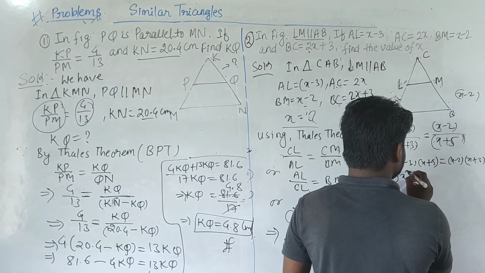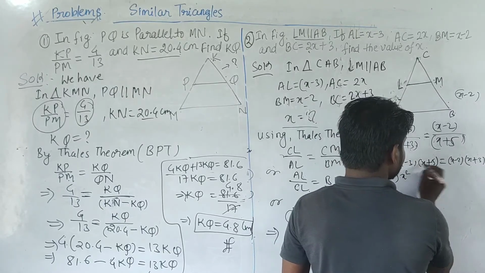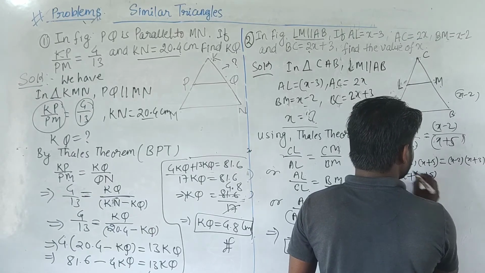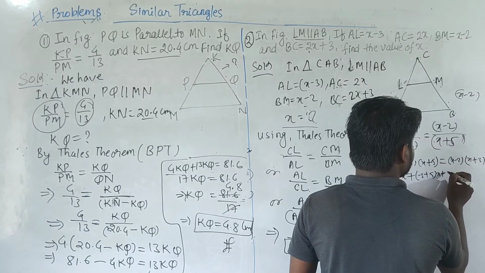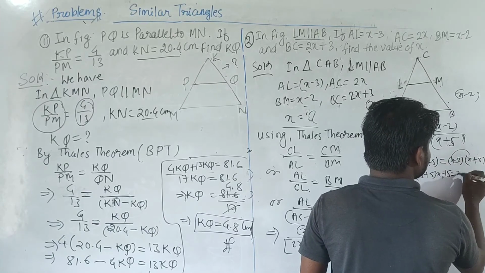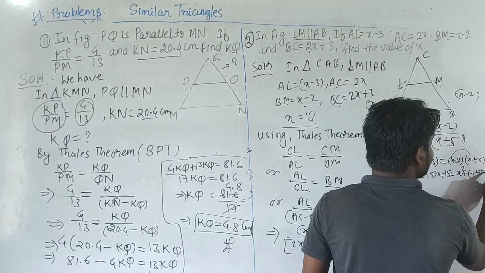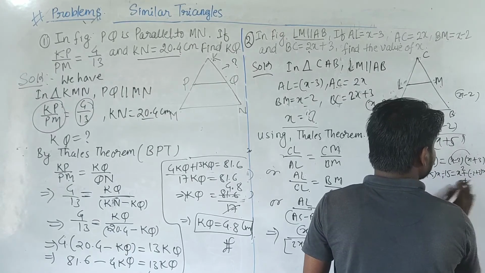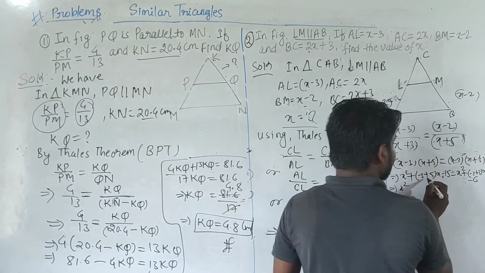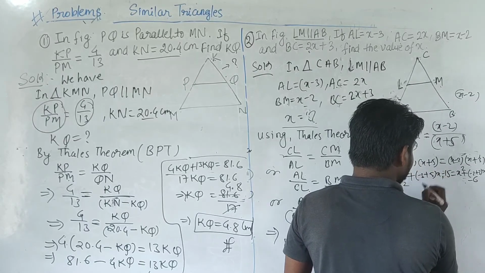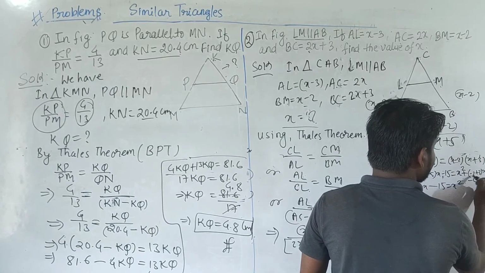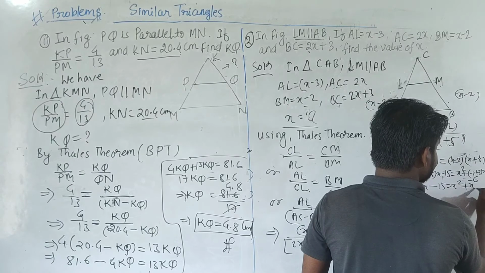It becomes x square plus, minus 3 plus 5 into x, so plus 2x, and minus 3 times 5 is minus 15. On the other side, x square plus, minus 2 plus 3 into x, so plus x, and minus 2 times 3 is minus 6.